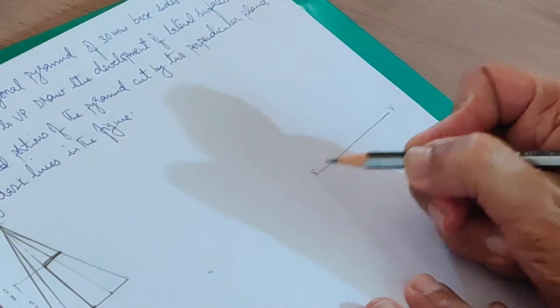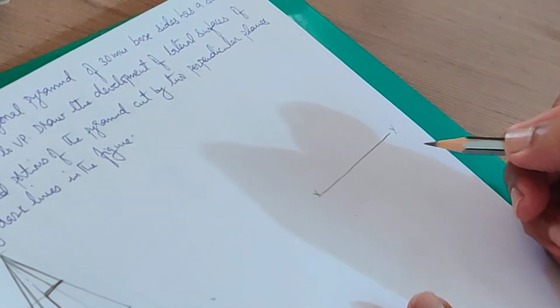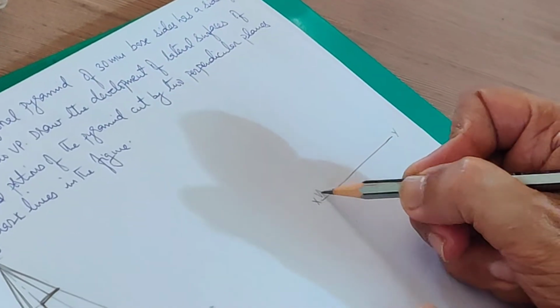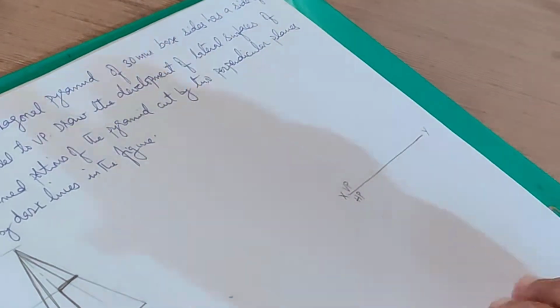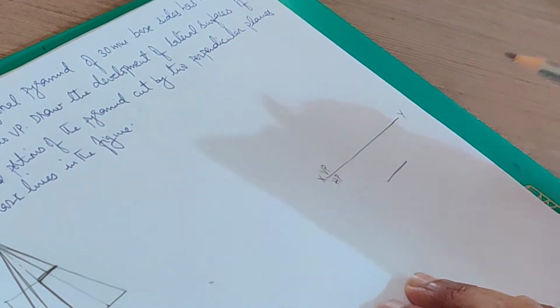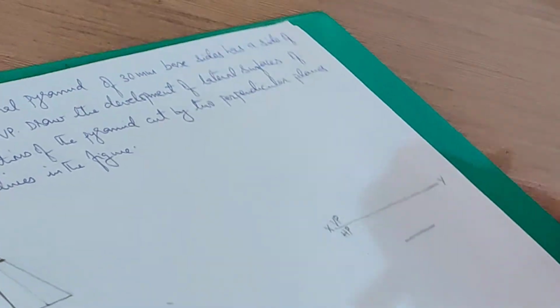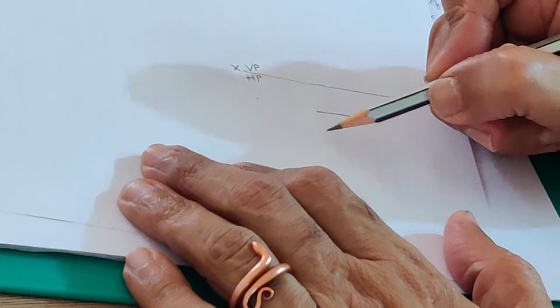You will draw a hexagon in the top view with one of the base edges parallel to VP. That is the requirement. So let us draw a hexagon with one edge parallel to XY. This edge has to be 30 mm in length. With this as one of the edges, I will complete the hexagon.